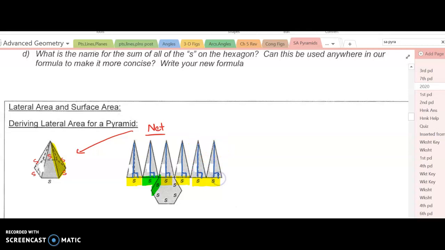Remember, when you fold this net back together, what we're looking at is these guys. It's the ones on the side, the ones that are slanty up from that vertex down to the base, perpendicular, right? And so these would all be slant heights, I hope is what you were thinking.